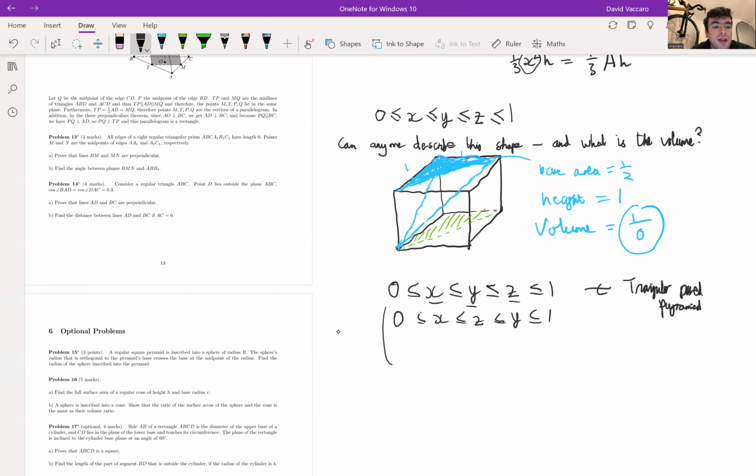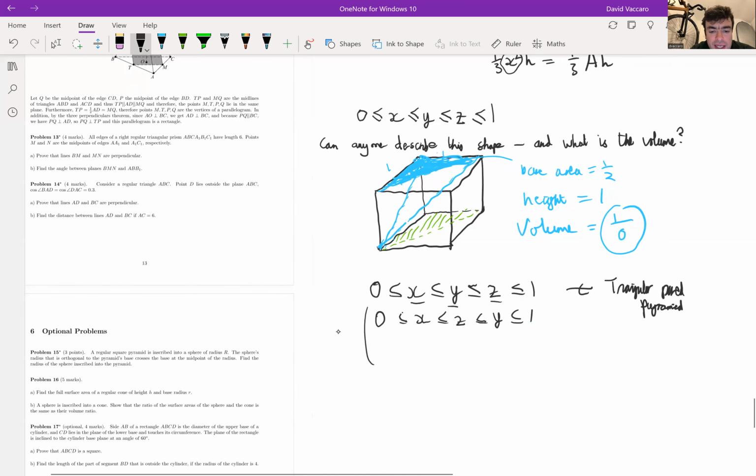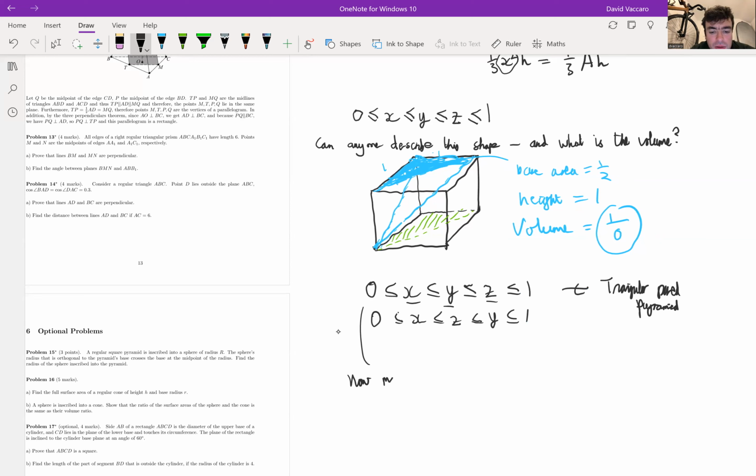Now, how many orders are there? Well, how many permutations are there of x, y, and z? I mean, an order of x, y, and z is just a permutation, because a permutation like x, z, y can correspond to an ordering.